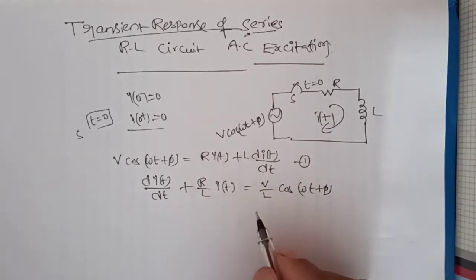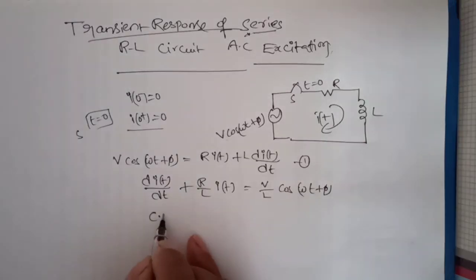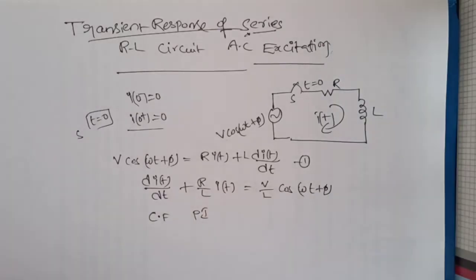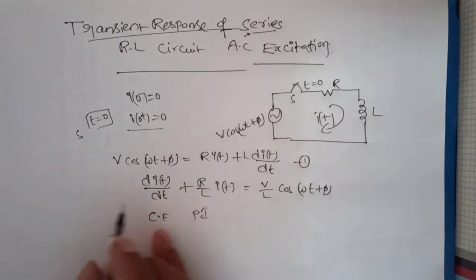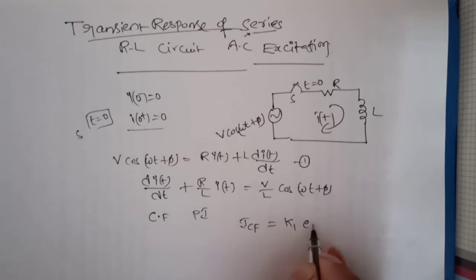For the above equation, the solution consists of two parts, as we already discussed for the transient analysis for DC excitation. Those solutions we call the complementary function and the particular integral. The complementary function of the solution is given as i_CF equal to K1 into e power minus R by L into t.